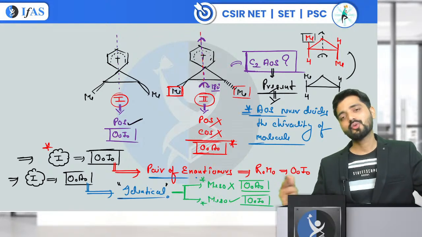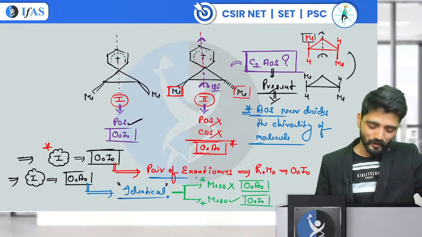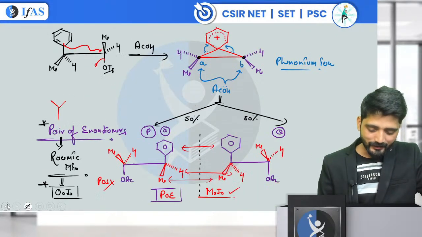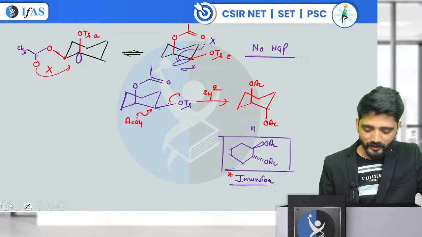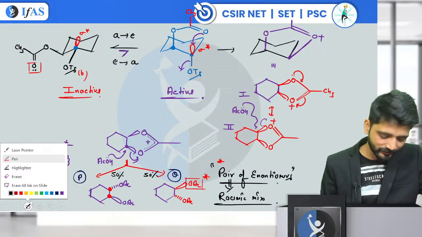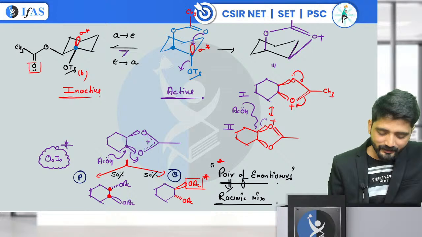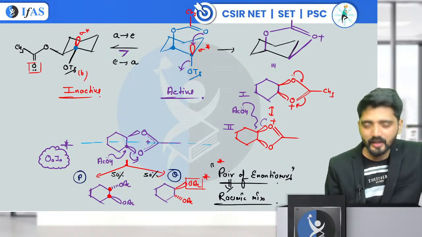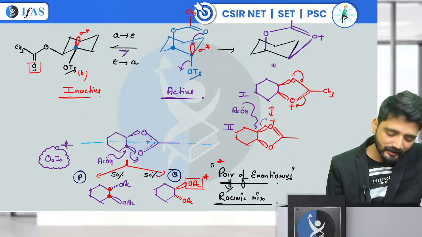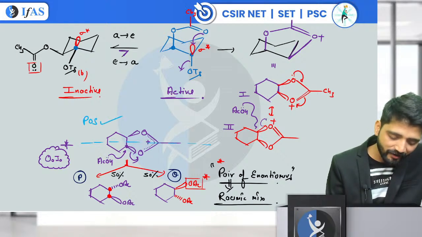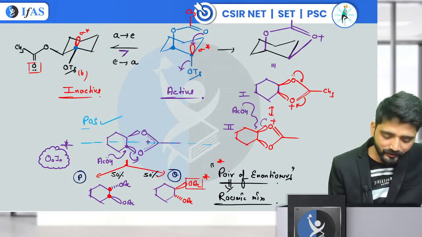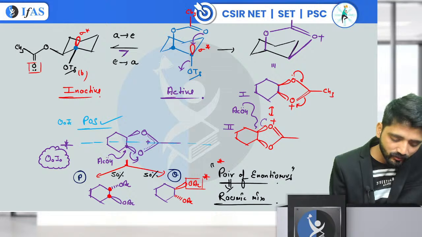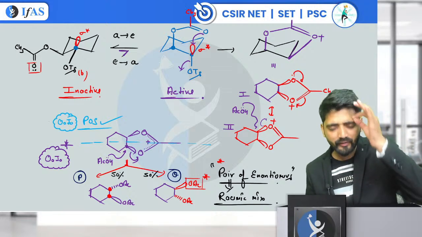Now after this we will deal with some questions also. But if we look at the previous situation, the case which we have discussed just now, this was the cyclic intermediate which we have formed. If I draw a plane like this, then of course this intermediate has a plane of symmetry, and if it is optically inactive, we can straightforwardly tell that the products are going to be a pair of enantiomers.